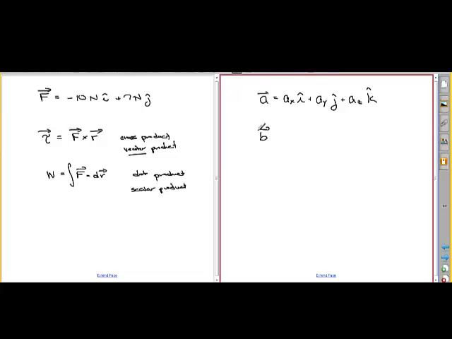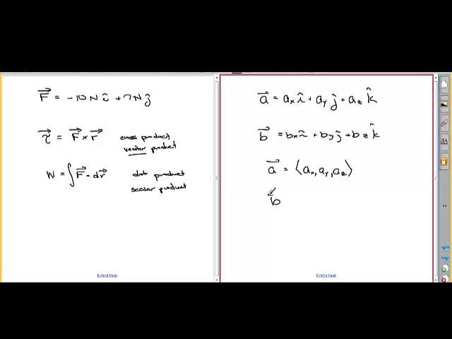And let's say we have vector B. It's another general vector, which is B sub x times i plus B sub y times j plus B sub z times k. Another way to represent vector A uses a less-than-looking sign, and you just list the three component magnitudes. So if you saw this, you could then say, okay, that means that.